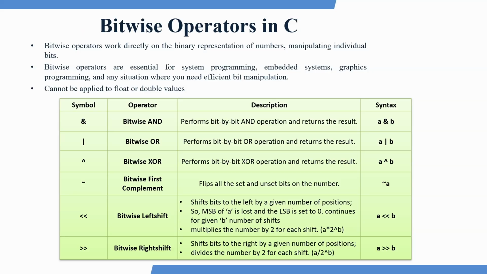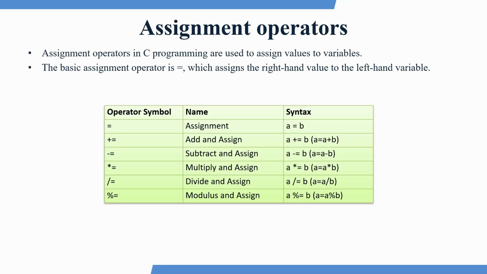This is the increment and decrement bitwise operator, which will act upon binary numbers as zeros and ones. Now the assignment operators. Here we have different types of assignment operators.